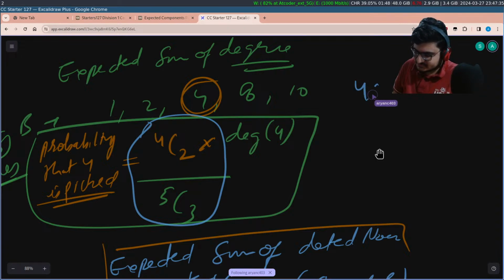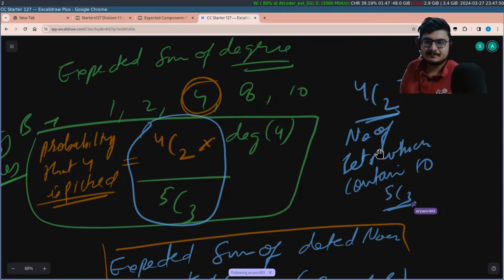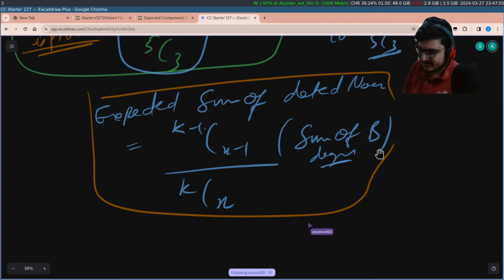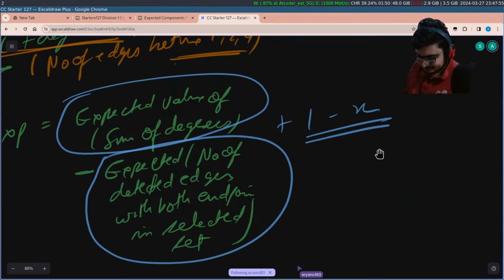Total 4C2 is the number of sets which contain 10, and 5C3 is the total number of sets. So this would be my first part, where I am taking the expected sum of degree.